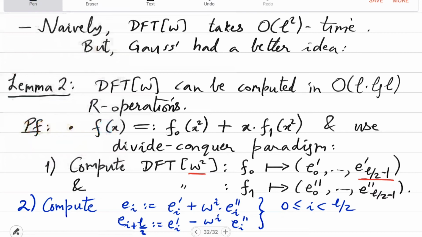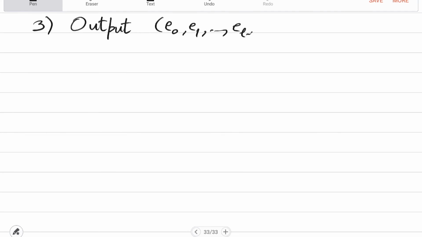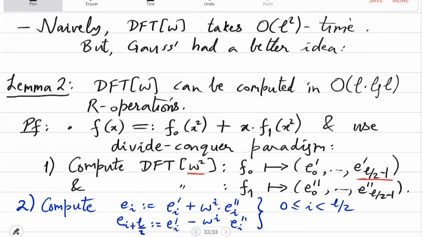So you will just output this. So the correctness of this should be fine. The way this is written, it's already a proof. We just have to analyze the time complexity.